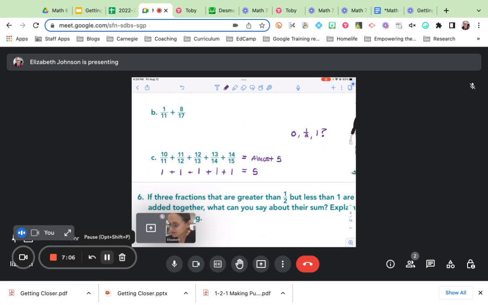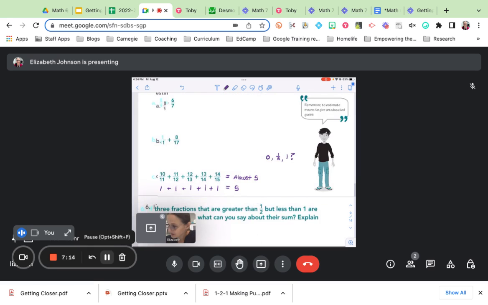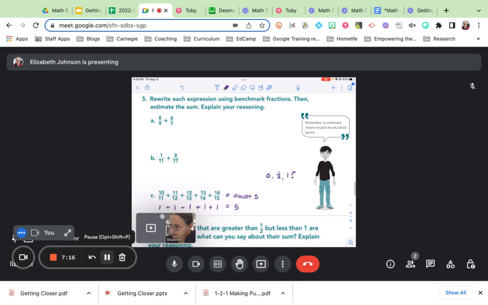Because each of these values is almost equal to 1, the sum of them will be almost equal to 5. Now you guys are going to work with a partner and set a timer for 4 minutes. I want you to do part A and part B. Pause the video, set a timer for 4 minutes, and you do part A and B.